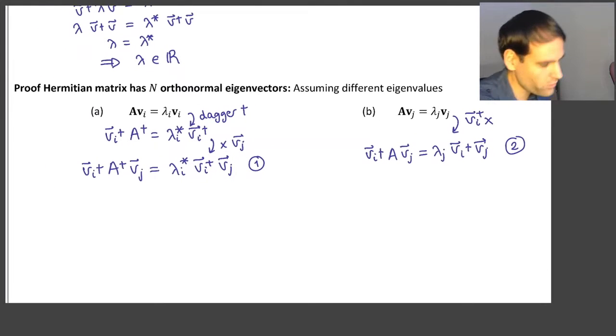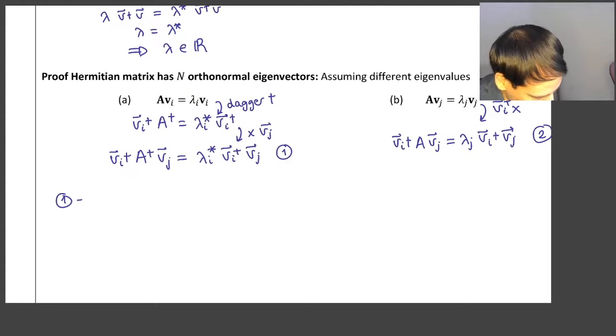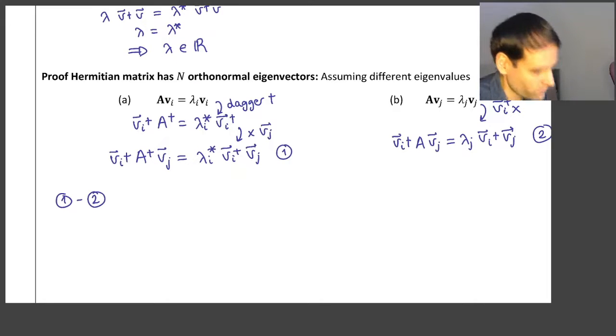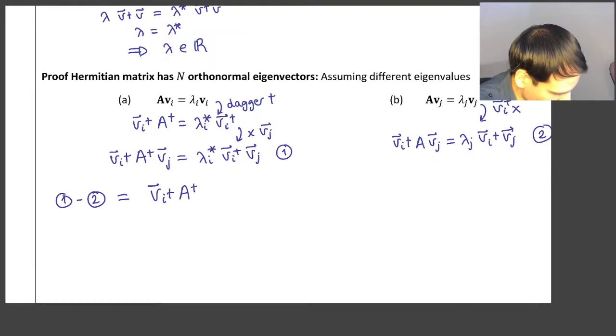And next, what I'm going to do is subtract equation 1 minus equation 2. So 1 minus 2, this is equal to, so on the left hand side, let's subtract 1 minus 2. Vi dagger times A dagger times Vj minus Vi dagger times A times Vj.